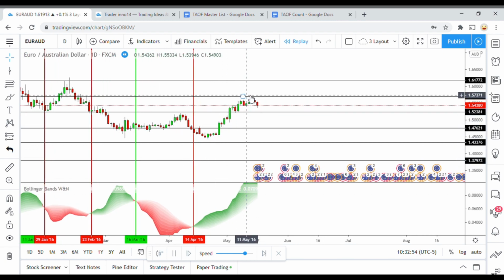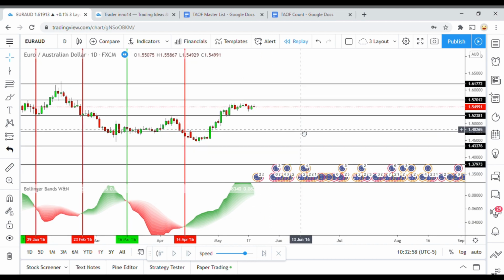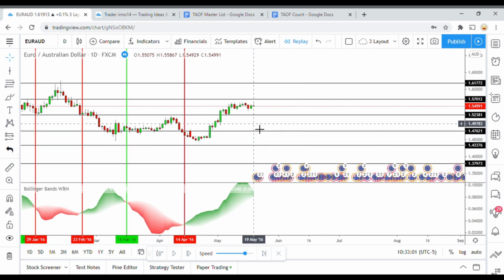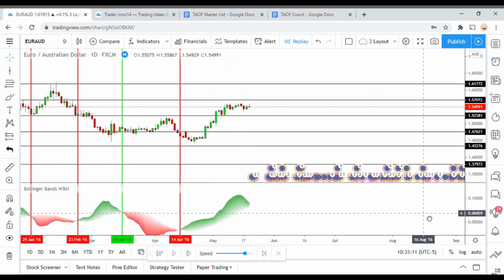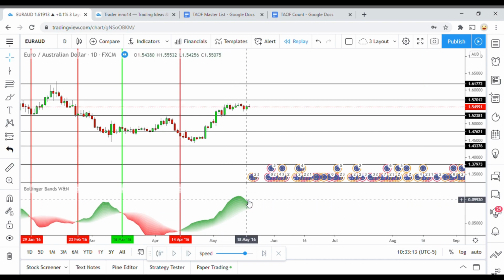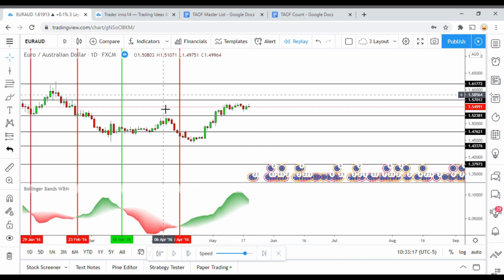Barely missed it though, right before that move to the upside. All right. And so we've had a pretty decent little push to the upside now. And you can see that our Bollinger Band kind of spiked, and it was kind of hard to see. Had this really big hump and is now starting to narrow in really quickly.